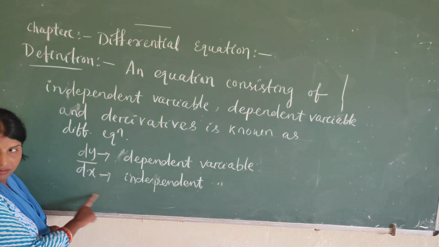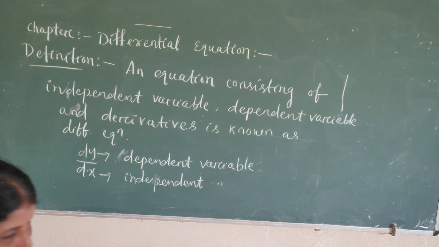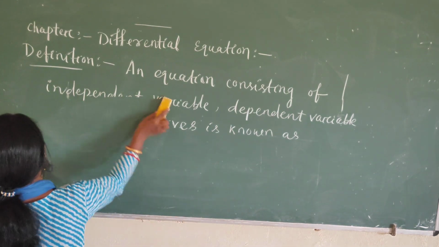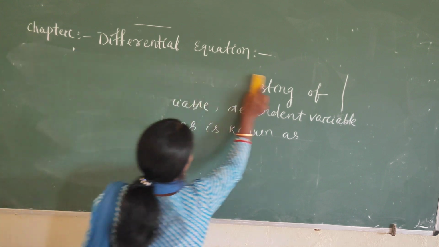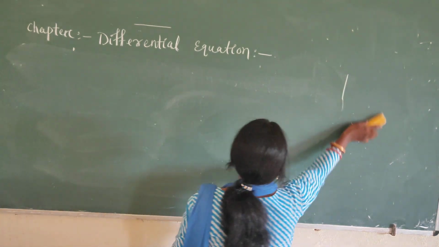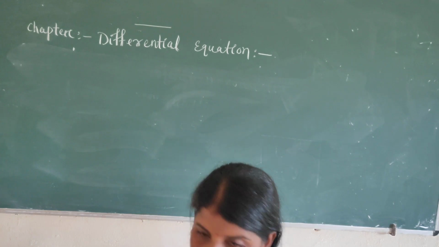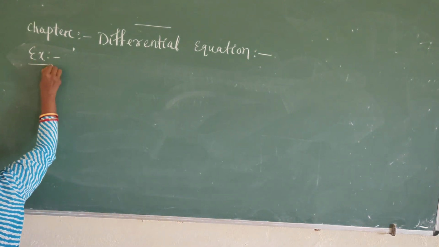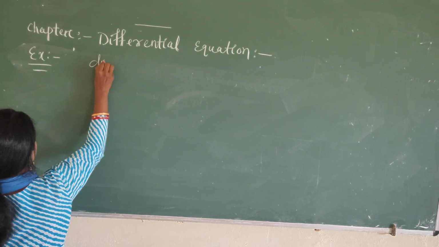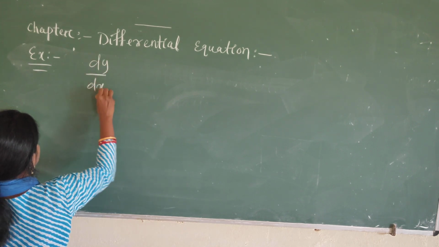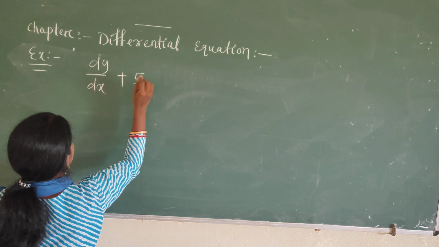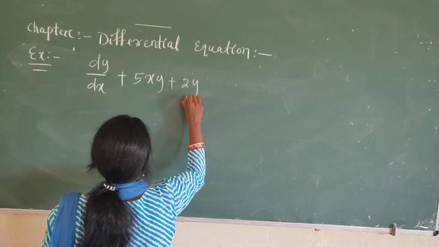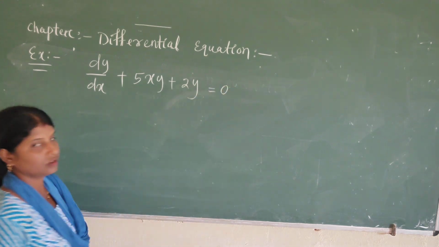For example, dy by dx plus 5xy plus 2y equal to 0.